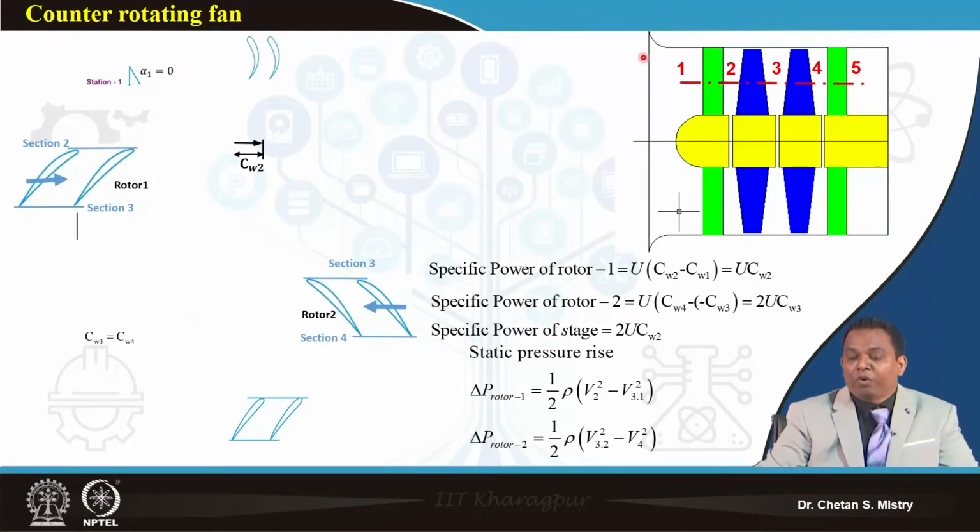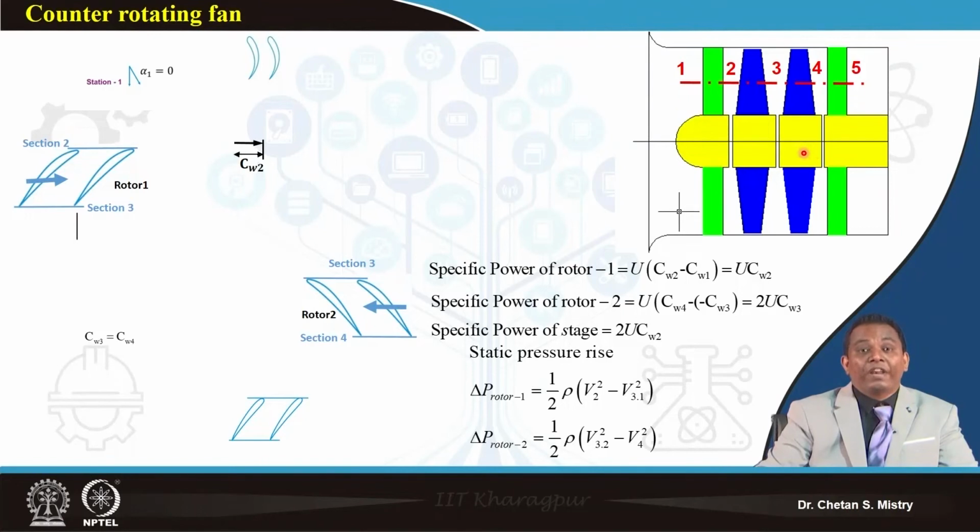Here, this is representing the contra-rotating configuration. Suppose the first rotor is rotating in the clockwise direction, then rotor 2 will be rotating in the opposite direction, counterclockwise.